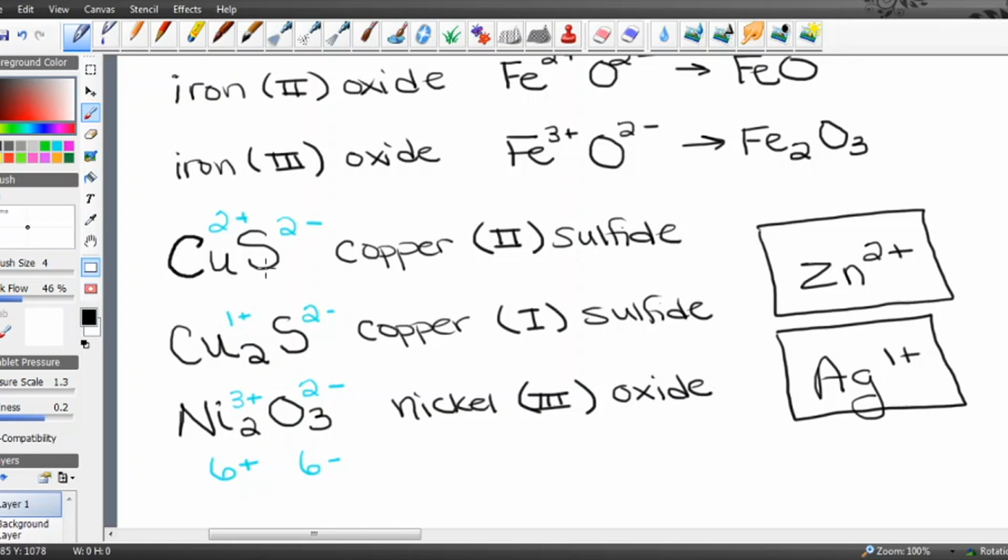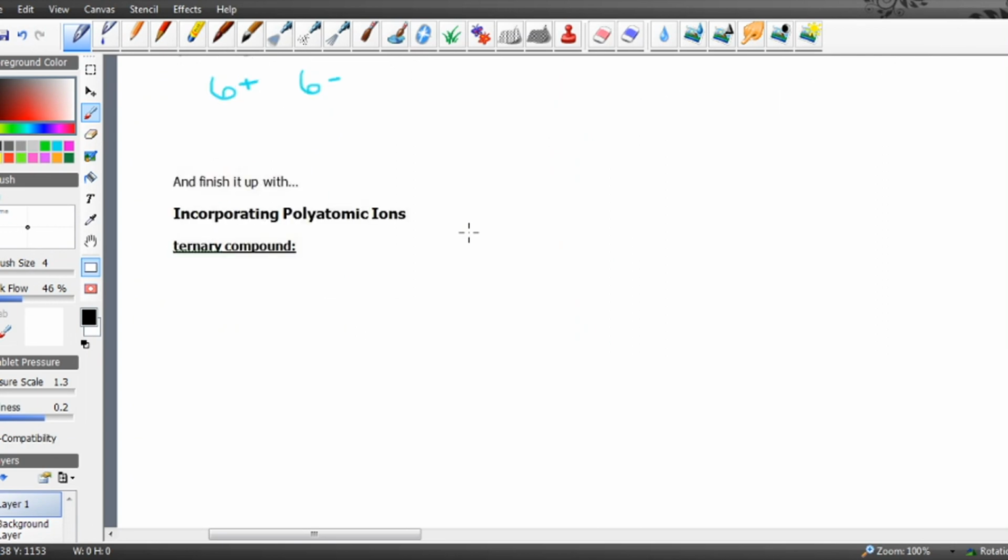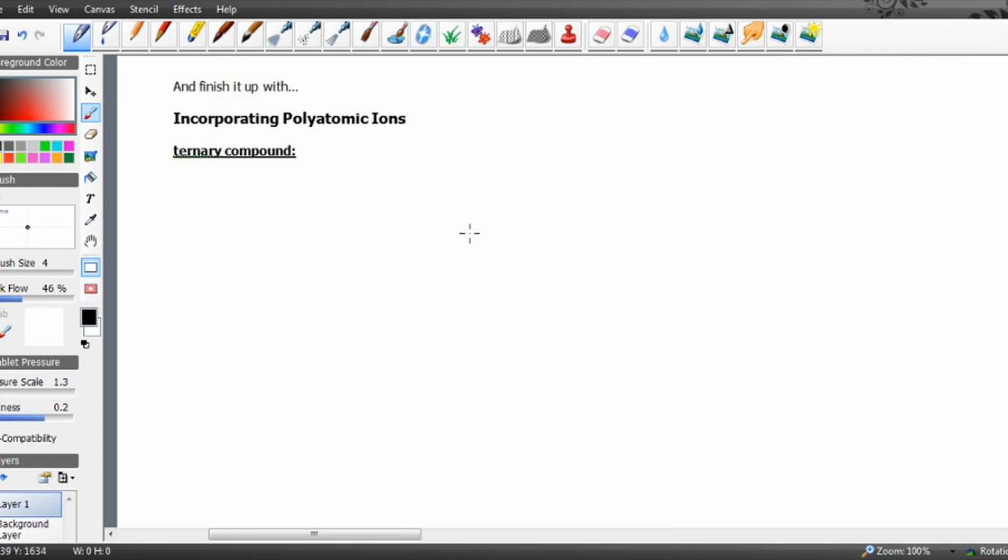Now, let's complicate this even more. Although it's the same thought process, you guys, so don't get scared. Let's start writing formulas for compounds that include polyatomic ions. And if you remember back to our intro lecture, a polyatomic ion is a bonded group of atoms with charge, and they've got special names and special formulas. So remember some examples of polyatomic ions, and you've hopefully printed your polyatomic ion sheets out.